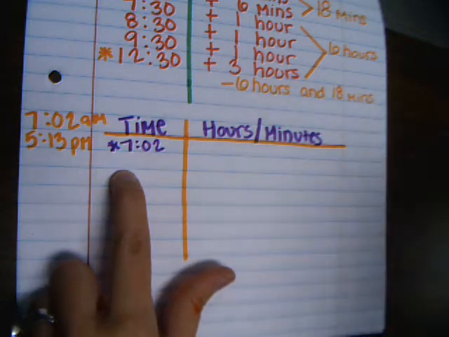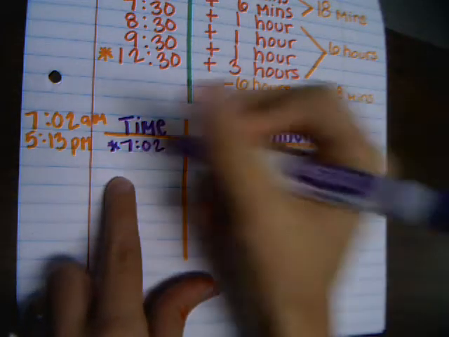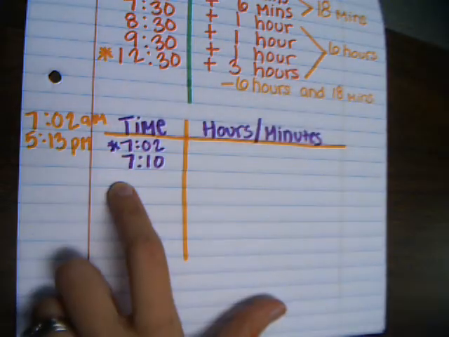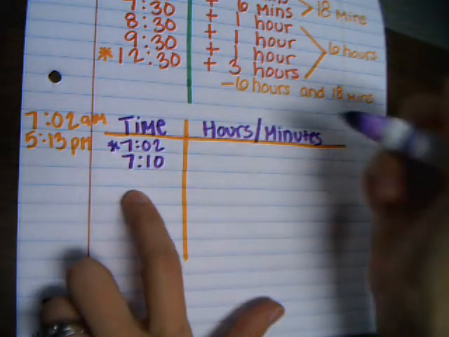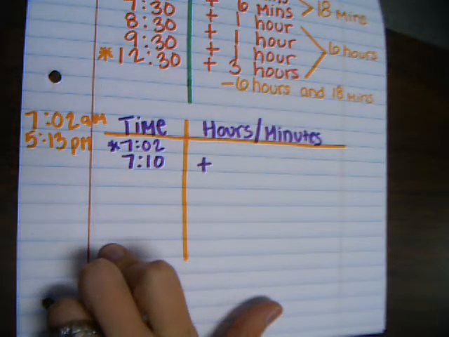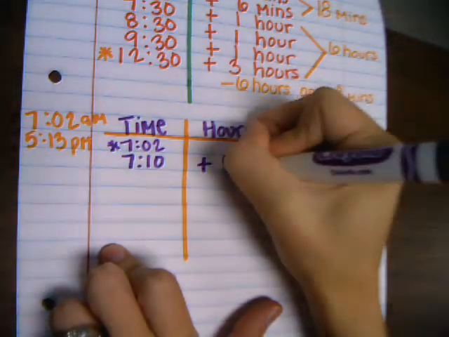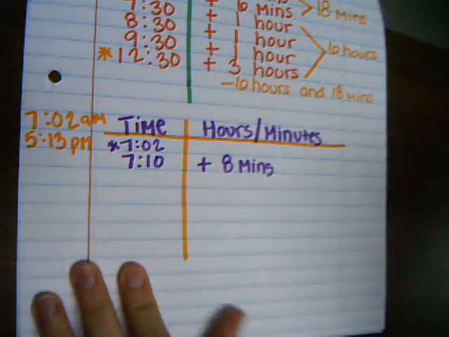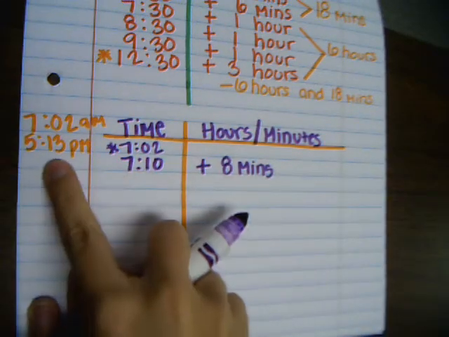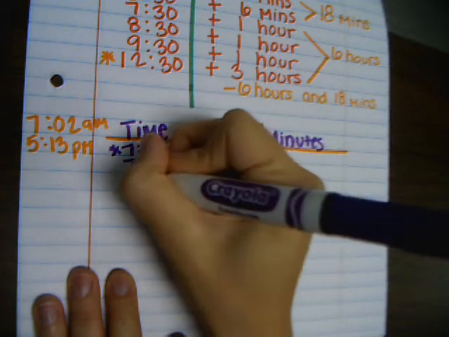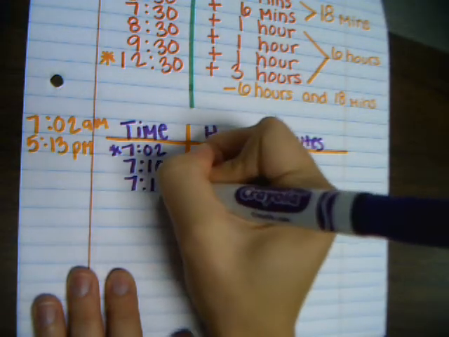Okay, let's try something like 7:10. If we move from 7:02 to 7:10, how many minutes went by? Awesome, 8 minutes. Okay, now moving from 7:10 to 7:13 will be easier.